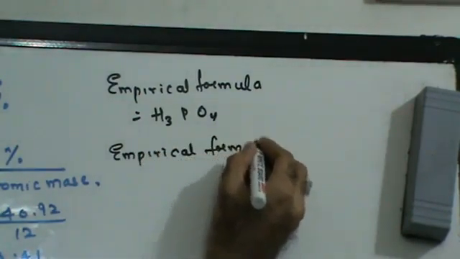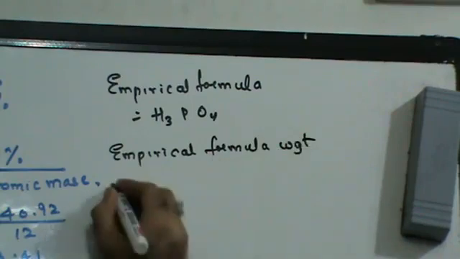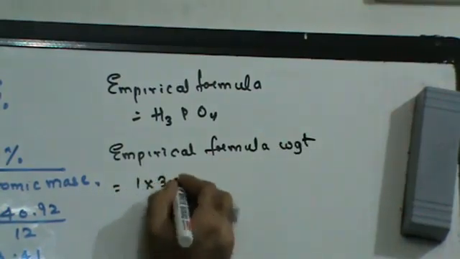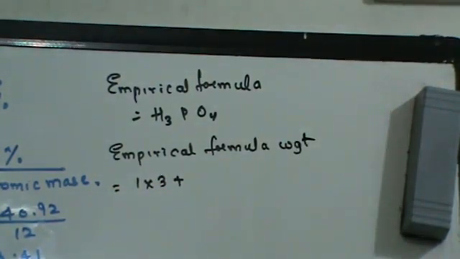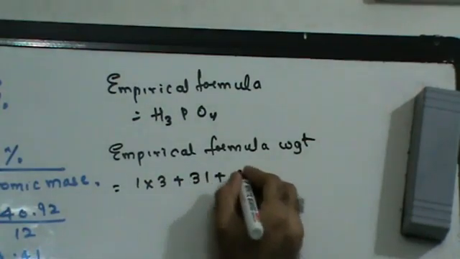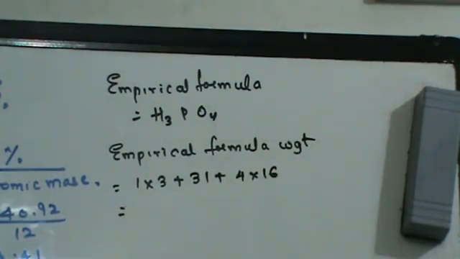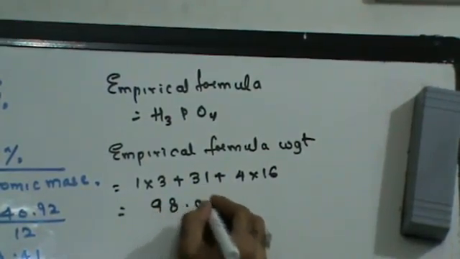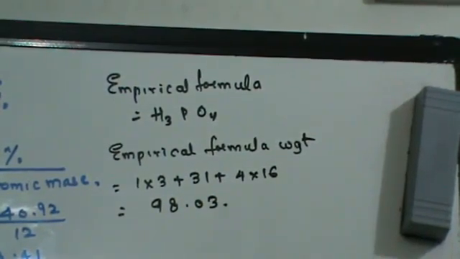Once you get the empirical formula, guys, in order to find out molecular formula, first find out the empirical formula weight. Empirical formula weight is 1 into 3 plus phosphorus is 31 plus 4 into 16, right? When you solve this, you will get your empirical formula weight as 98.03, right?